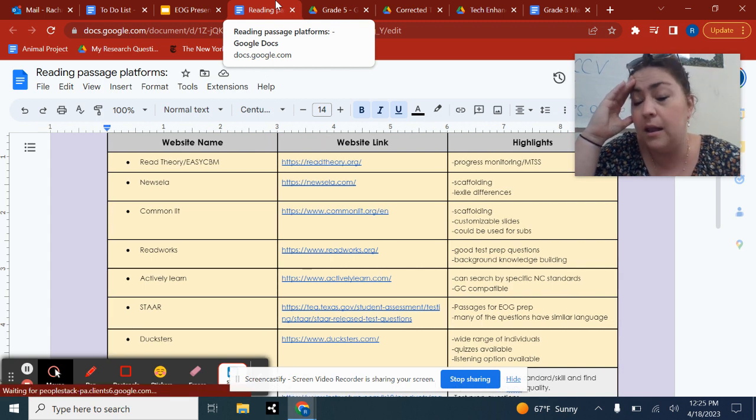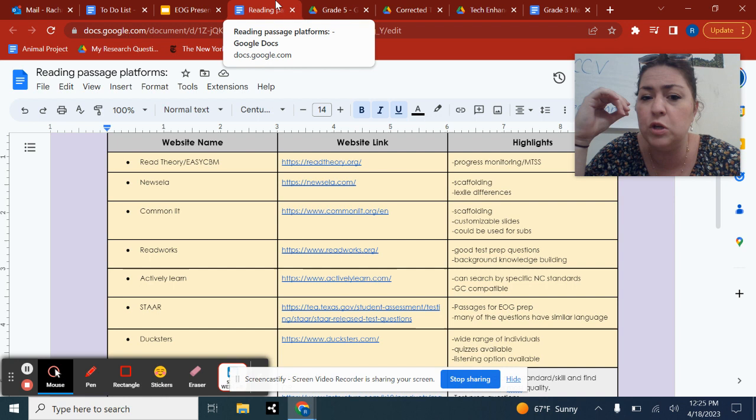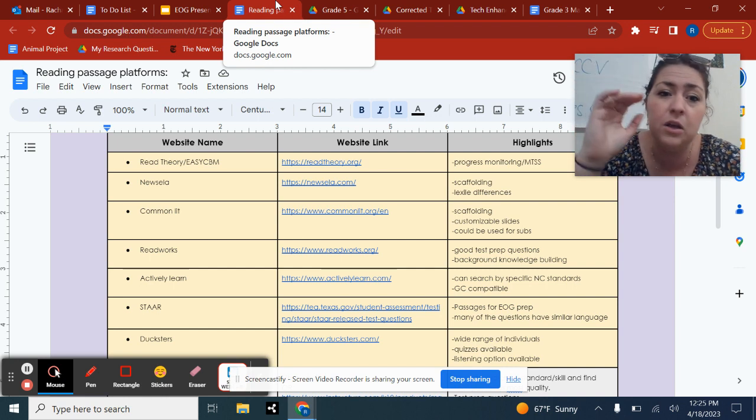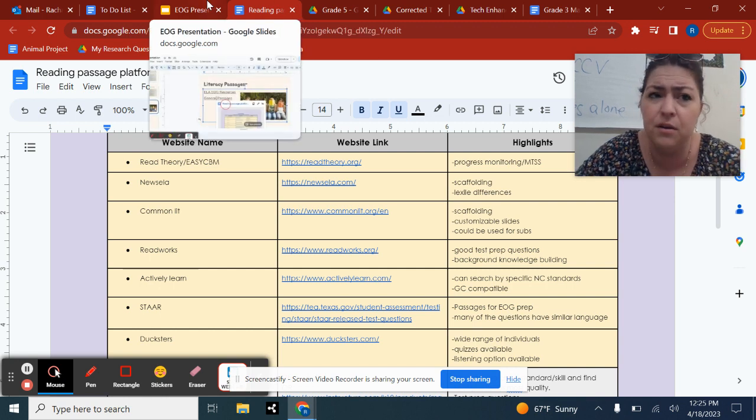Let's say that you have a particular standard that you're working on, or a particular EOG passage that is kind of difficult for kids to be interested in. You might do a background passage from here, or you might pull a passage from here and create questions that match or mirror the ones on the EOG. So it's just there if you need it.